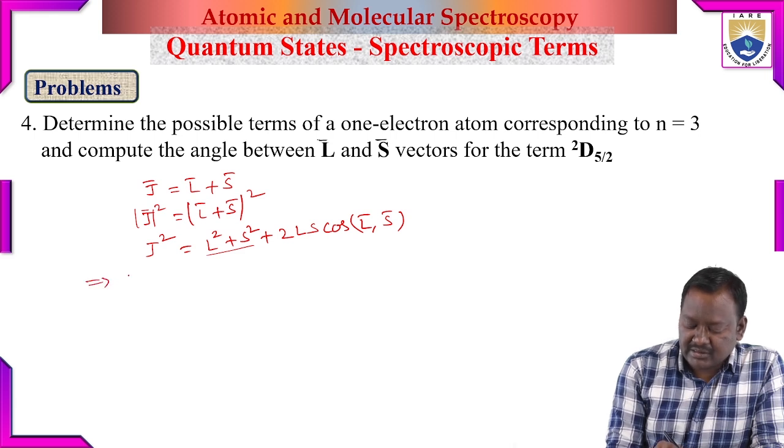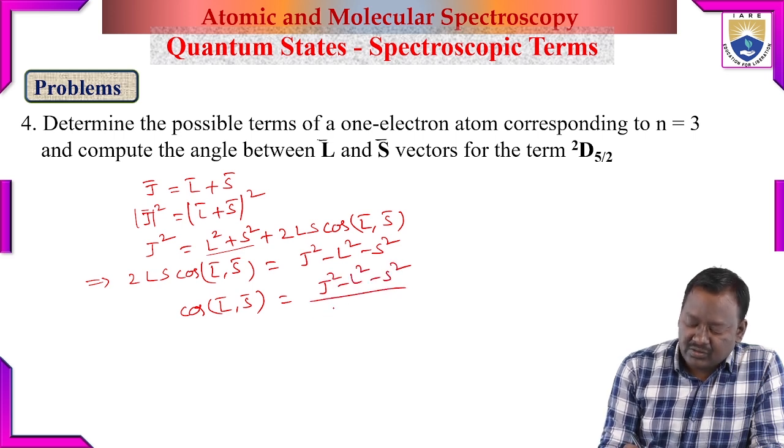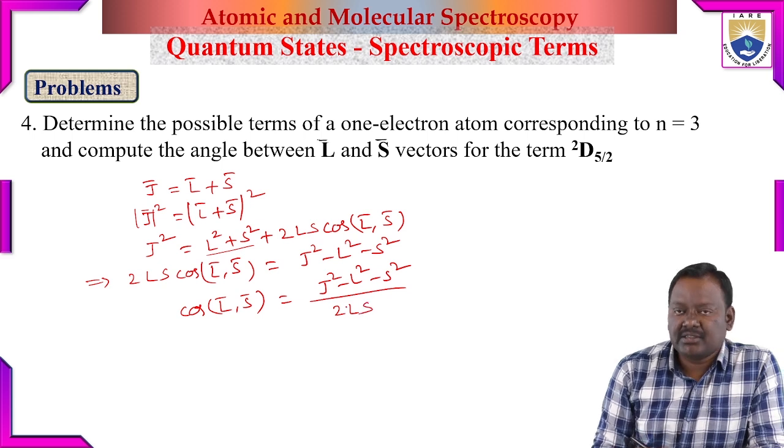We can write 2LS cos of (L, S) equal to J square minus L square minus S square, or otherwise cos of (L, S) equals J square minus L square minus S square by 2LS. All the variables here are magnitudes of those particular vectors.